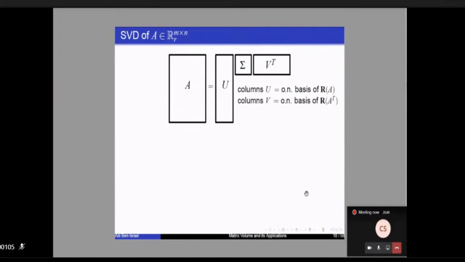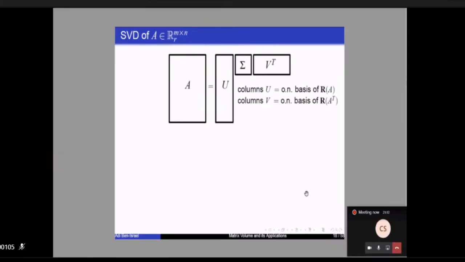Let's look now at the singular value decomposition of A. I write it in minimal form so that 0 singular values will be deleted together with the corresponding columns of U and V. So in particular, U and V are not unitary matrices, but just the columns that correspond to the positive singular values.